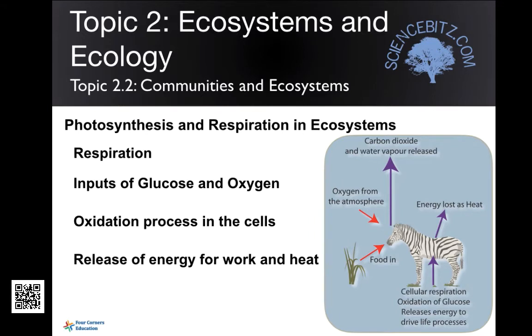Using the idea of a zebra, the zebra takes food in, plant material. Cellular respiration oxidizes the glucose and releases energy to drive life processes. In that process, some energy is lost to the atmosphere as heat. Oxygen comes in from the atmosphere to drive the oxidization of the glucose, and carbon dioxide and water vapor are both released to the atmosphere.